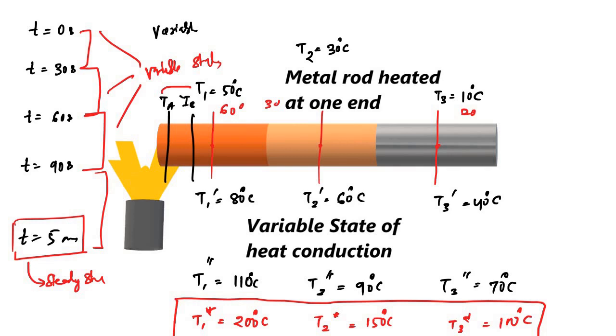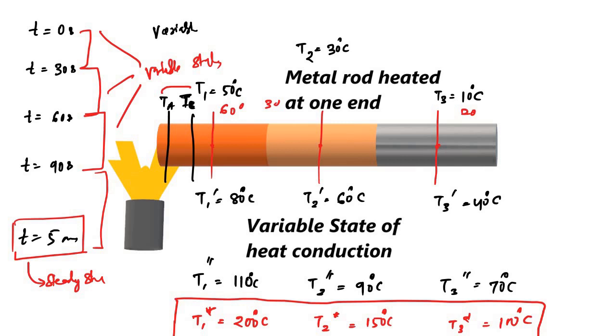Any 2 points in the steady state, the temperature difference will be the same, because in steady state the temperatures of all these cross sections will be fixed. So as the temperature difference is fixed, the quantity of heat flowing through them will be constant.